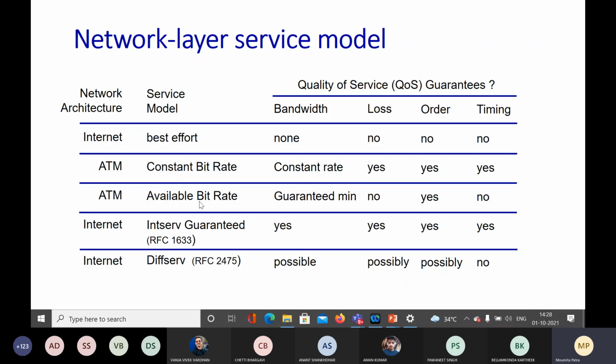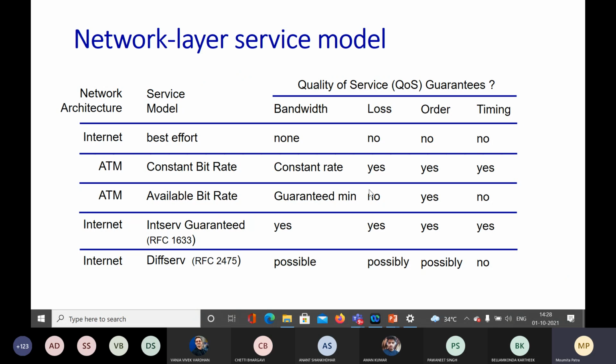Whereas in ABR, or available bit rate, some minimum bandwidth guarantee is given to the user. That means if I purchase some data pack, the service provider will guarantee that you will get at minimum maybe some 50 kbps of data rate. That's the available bit rate service model.